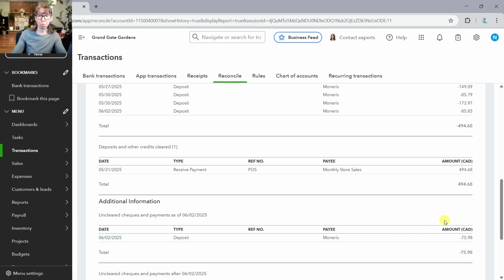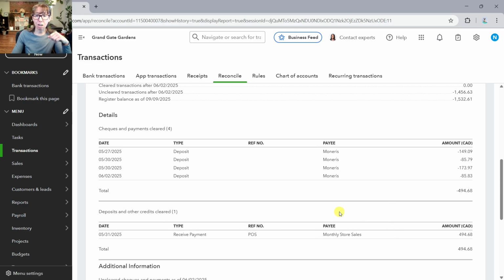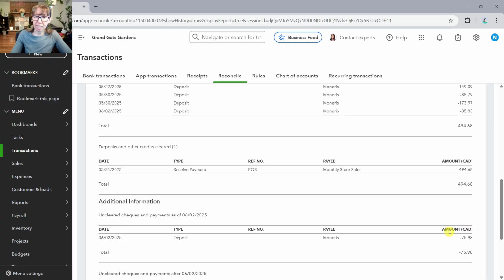Because June 1st was on the weekend and June 2nd is the Monday, one of the June 2nd deposits was related to May 31st, and one of the June 2nd deposits was related to June 1st. And because our total paid by POS or by Moneris was on the monthly basis, May 1st to May 31st, that means that this $75.98 that was related to June 1st is going into the bank on June 2nd.